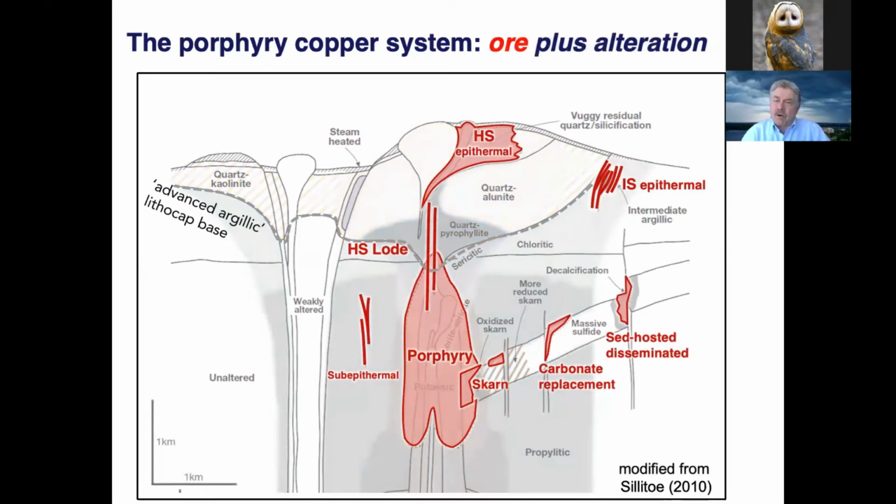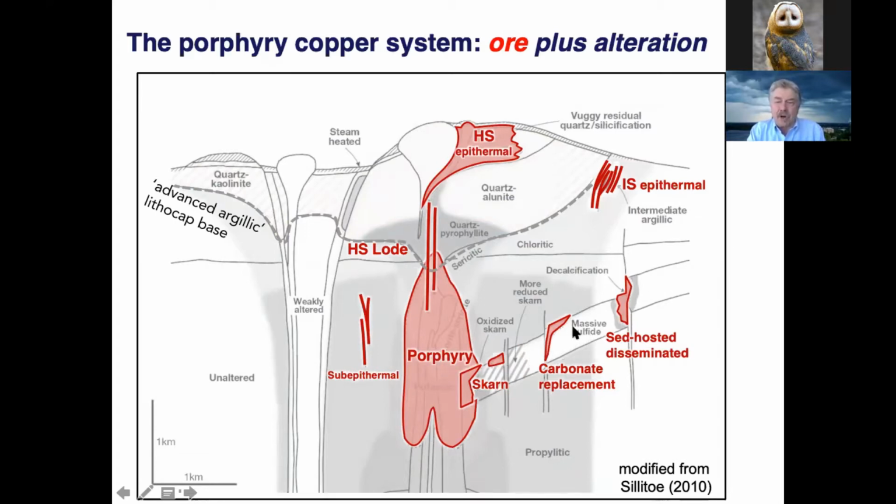What about the ore deposits? Well, porphyry deposits, they are porphyry copper deposits. They are 1 to 2 kilometers deep, associated with the deep intrusions that intrude to 2-3 kilometers depth.